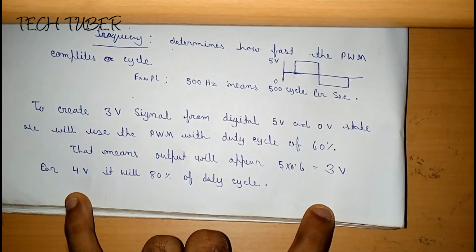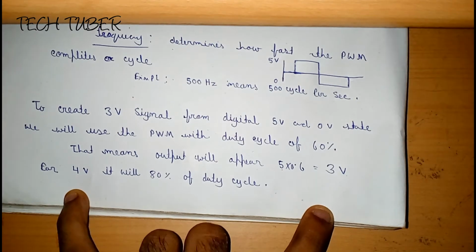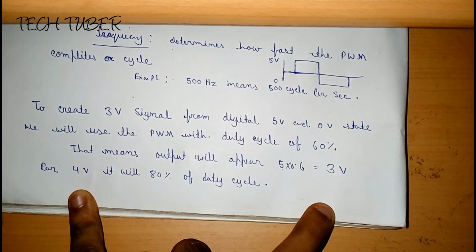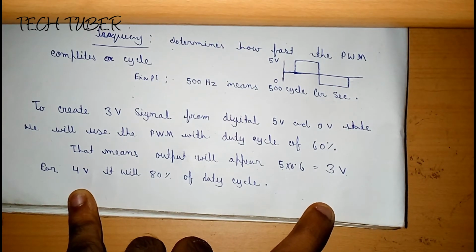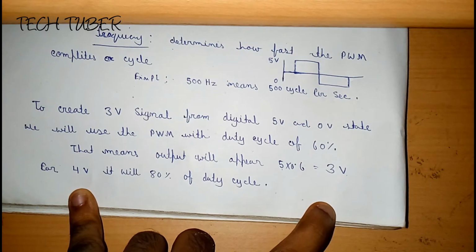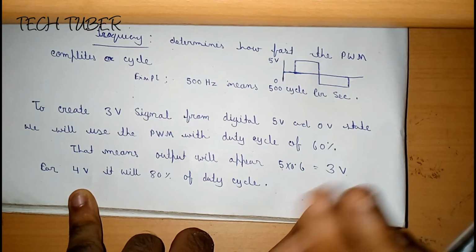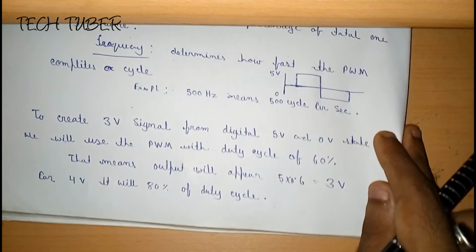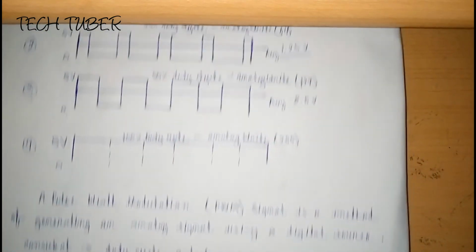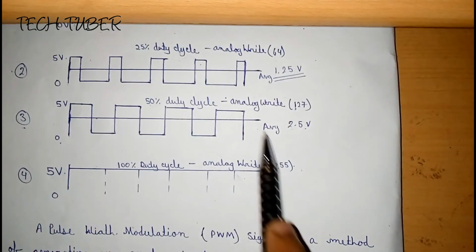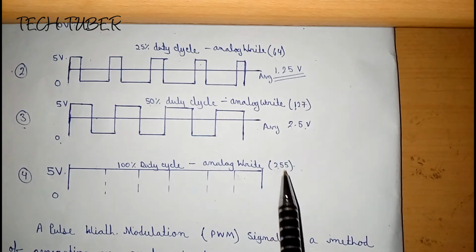Now you can see that duty cycle is very important for achieving the output voltage. Any amount of output voltage can be achieved between 0 to 5 volt, but we need to have a clear idea about the duty cycle, and duty cycle will be explained in terms of analog write, the value of analog write.